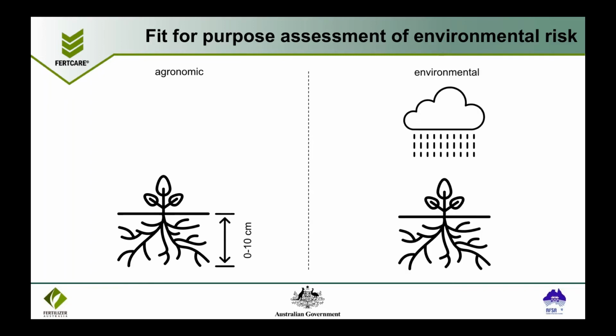Can we use those same sort of soil tests for assessing things like environmental risk? So if we have some rainfall, is that rainfall interacting with the near surface, or is it interacting with the whole root zone? And so having an understanding of how the water or runoff interacts with the soil profile is really important to understanding that.